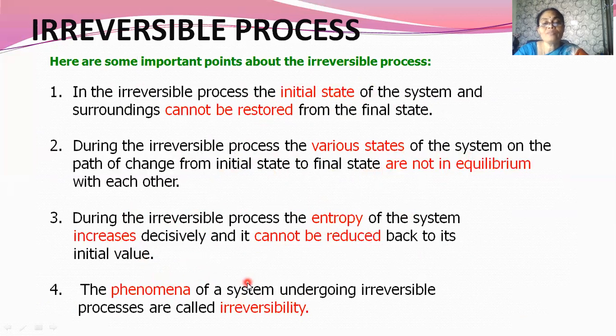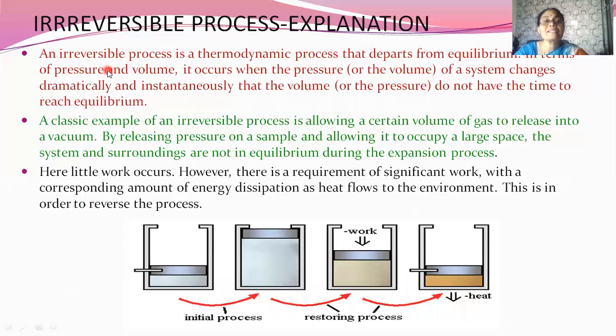Next, the phenomenon of the system undergoing irreversible processes is called irreversibility. Next, we can explain the irreversible process here. An irreversible process is a process in which there will not be any equilibrium. This occurs when the pressure or the volume of a system changes dramatically and instantaneously, so that the volume or pressure do not have the time to reach the equilibrium state.